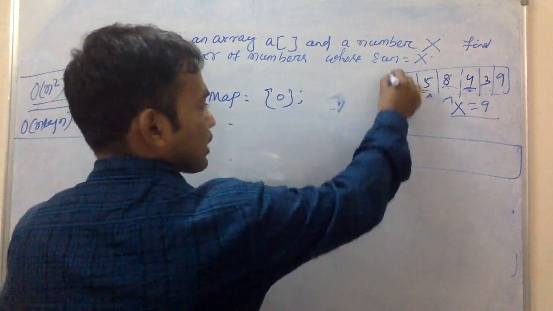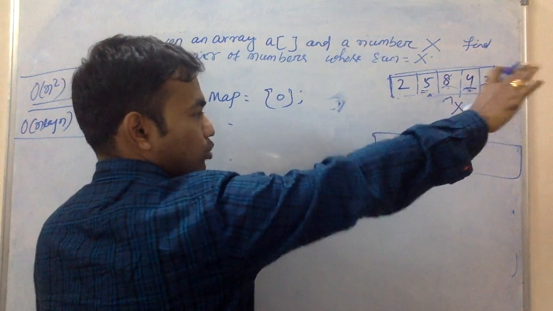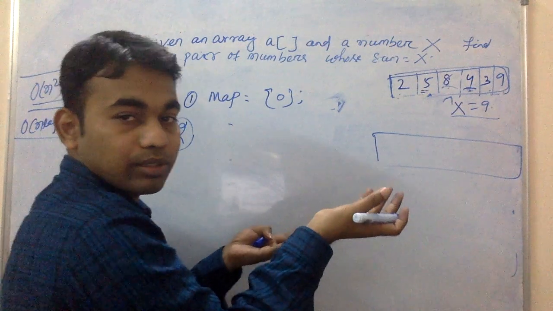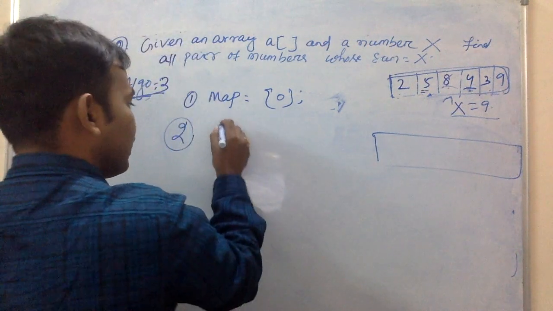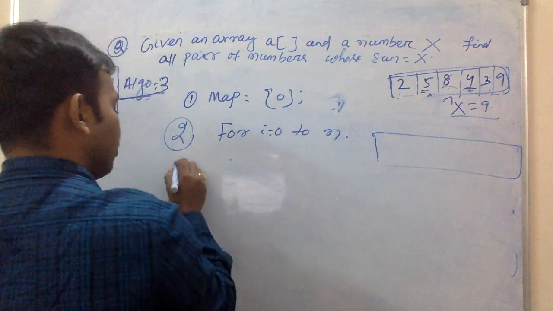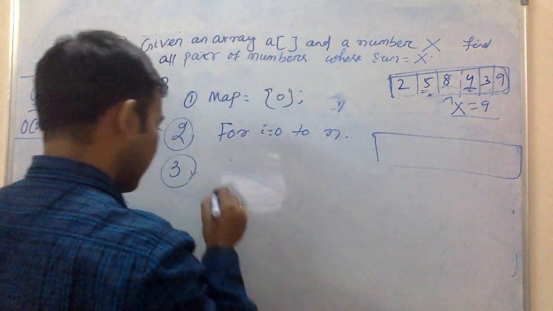Then I will traverse this array. I am traversing this array for i equal to 0 to n minus 1. I will just search whether its corresponding other element is present or not. That means for i equal to 0 to n. So this is very important.